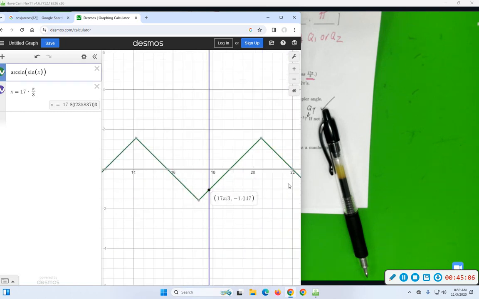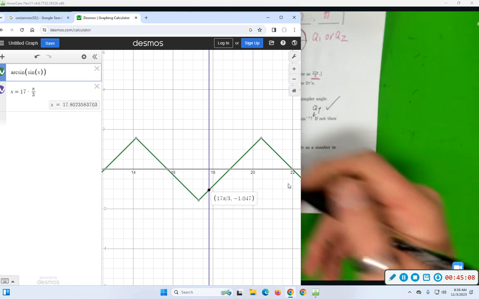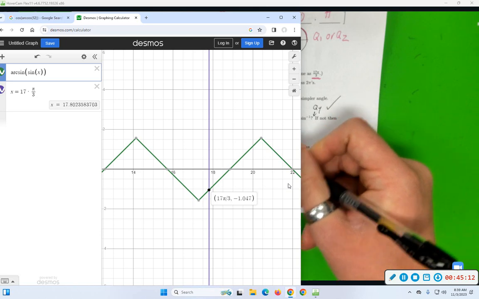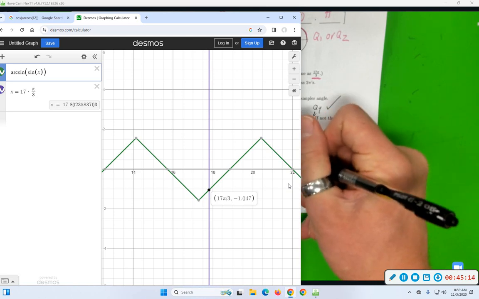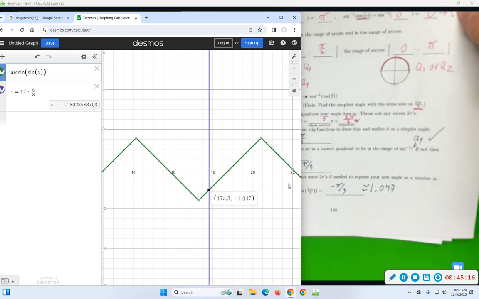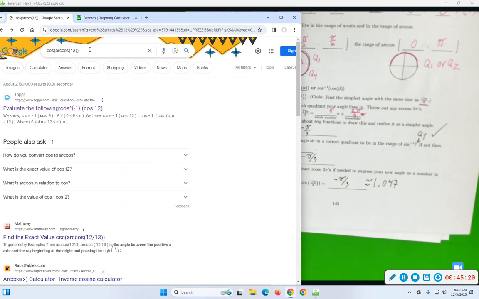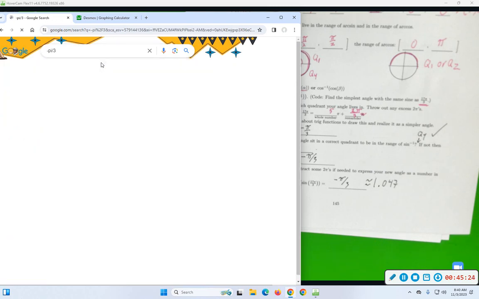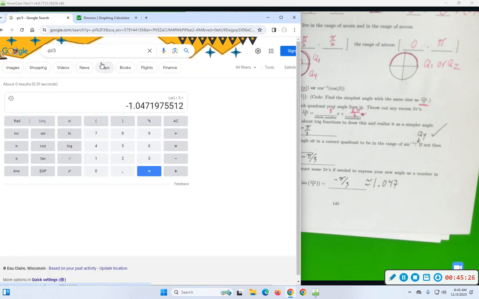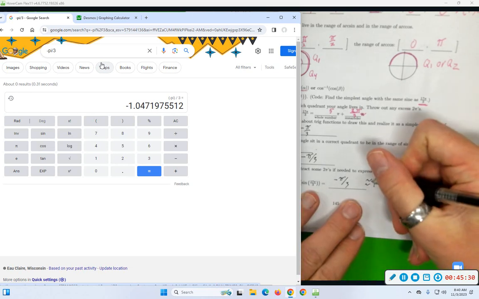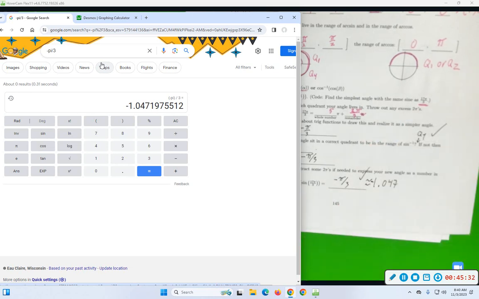About negative 1.047. I'm going to write that down because I have no memory. The graph said that's what it should be about. Negative pi over 3 is in fact about negative 1.047. So, computer checks out.